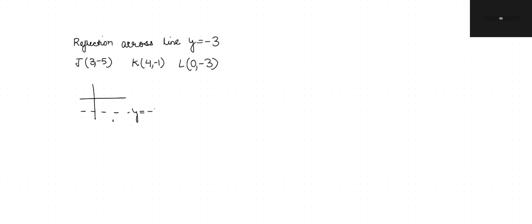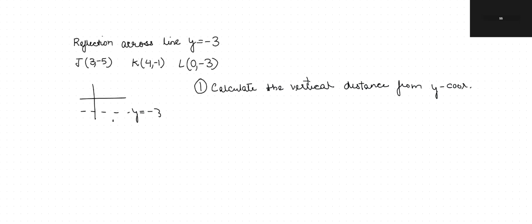So first thing is to calculate the vertical distance from the y coordinate to the line y is equal to -3.